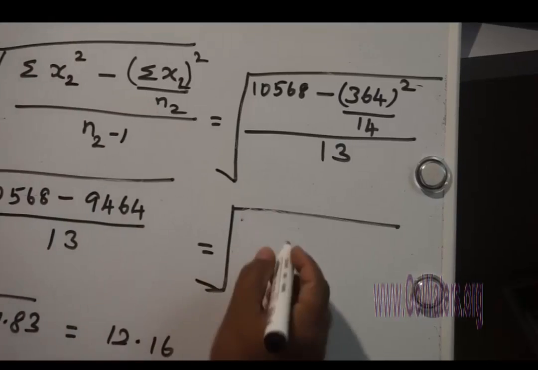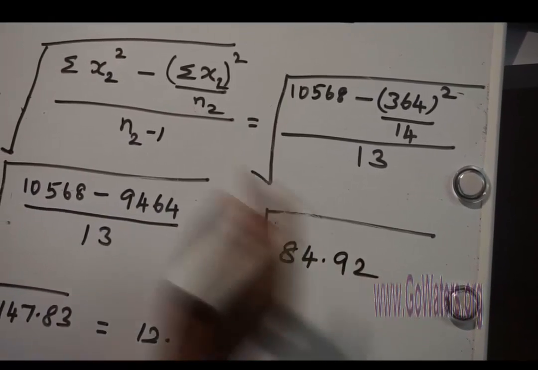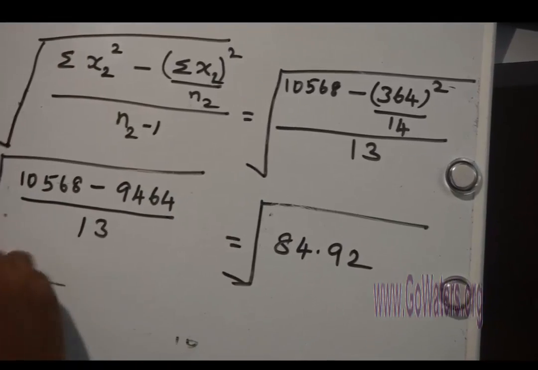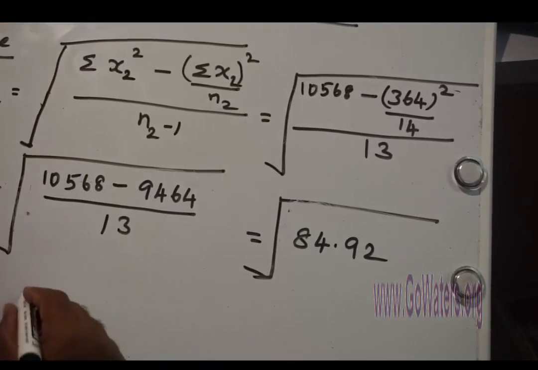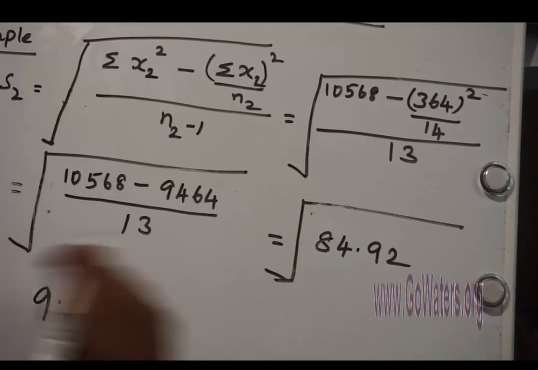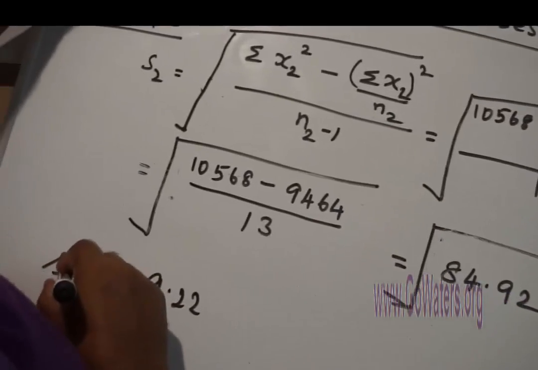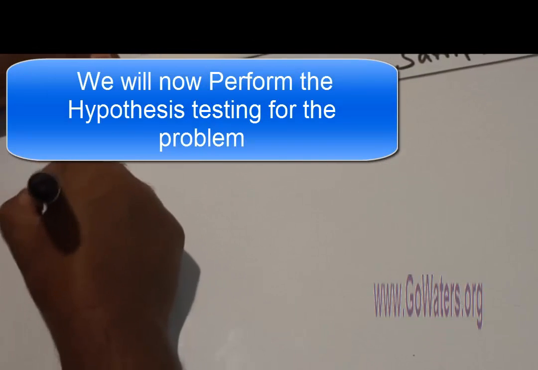That is equal to 84.92, and the square root is 9.22. So this is S2.